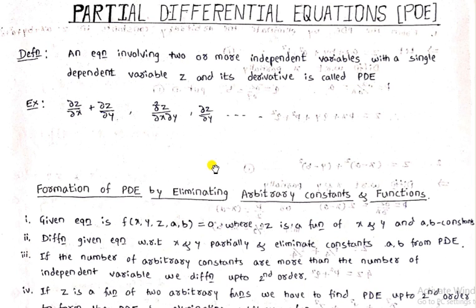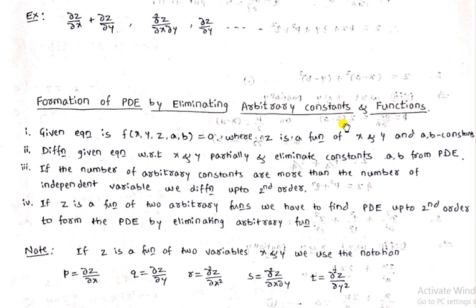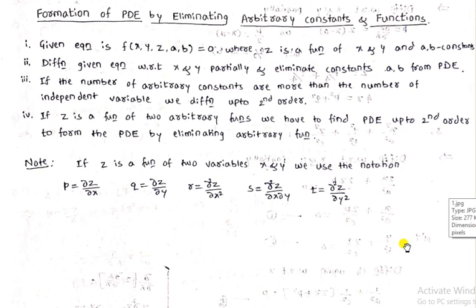So in this module, we find the solution of partial differential equations by eliminating arbitrary constants and by eliminating arbitrary functions. First, the working rule for eliminating arbitrary constants and arbitrary functions. Here the given equation is in the form f(x, y, z, a, b) = 0, and here z is a function of x and y.